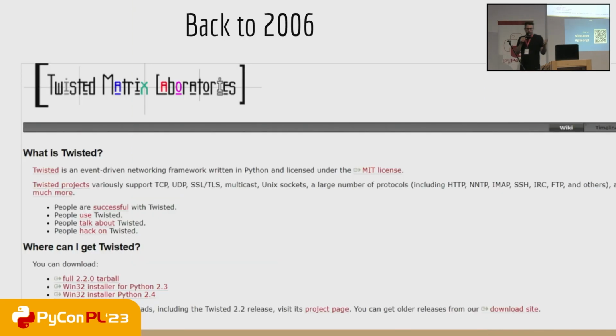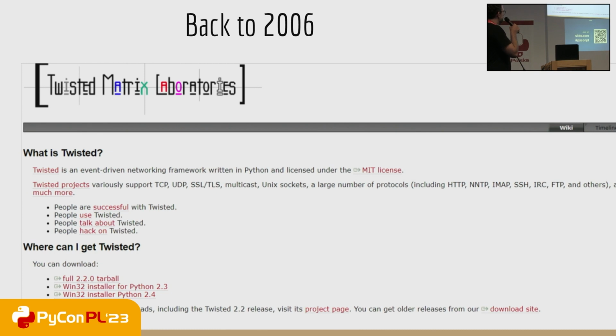Just a short digression about Twisted. When I was preparing this talk, I looked at the archive.org old webpage for Twisted, and it was really interesting for me. Twisted was launched in 2001, and that's the first archive.org page of Twisted.